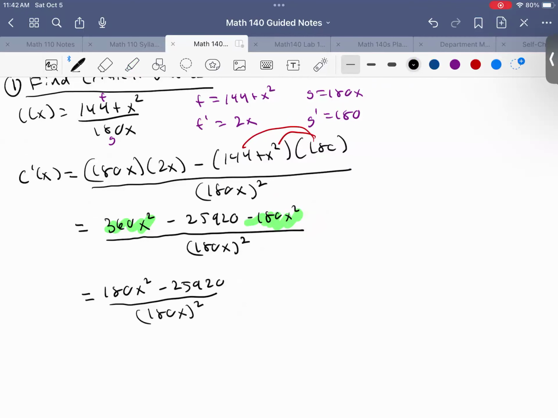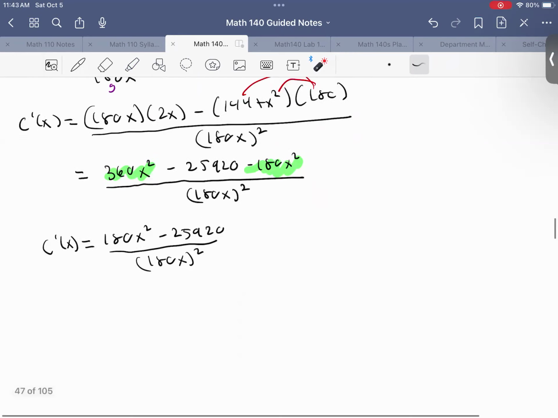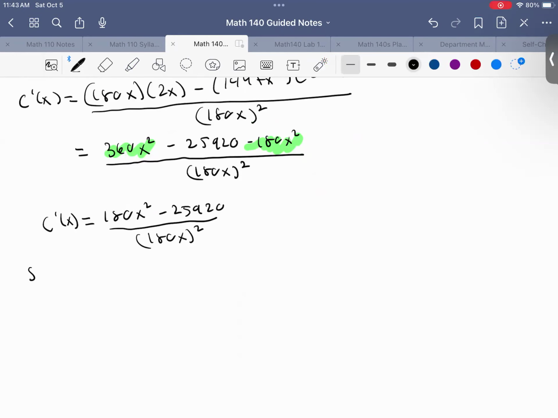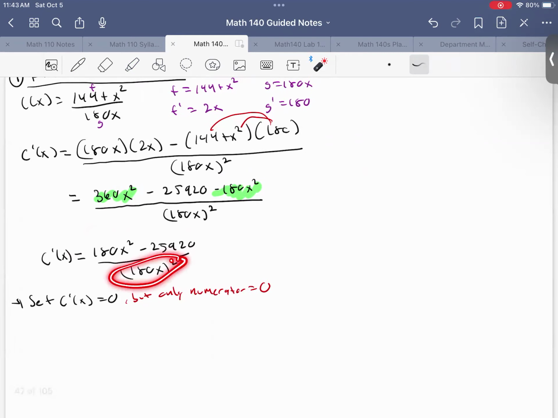So essentially, this is my derivative. Remember for critical values, we have to set it equal to 0. I need to set this whole thing equal to 0, but I only need to set the numerator, meaning the top, because in a real world sense, it doesn't matter where a function is undefined.